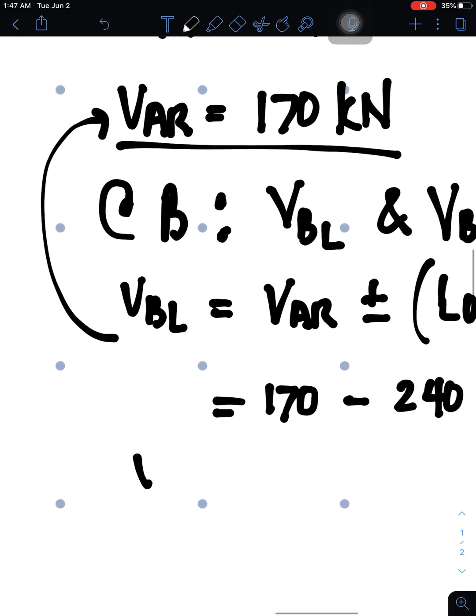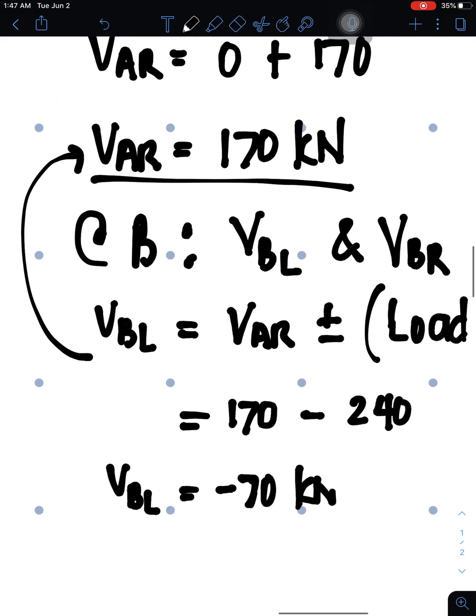So therefore, the VB left is 170 minus 240, and that's negative 70 kilonewtons. Not kilonewtons, I mistakenly wrote kilonewtons.